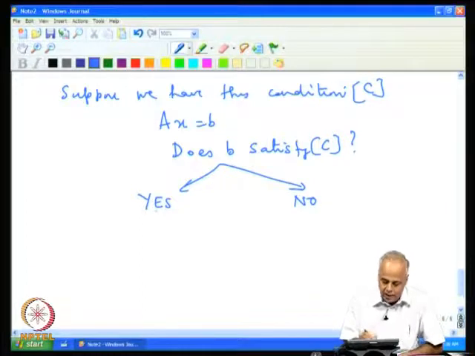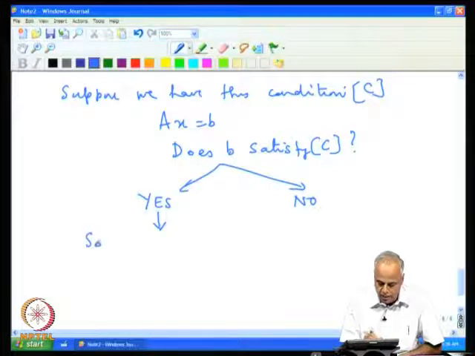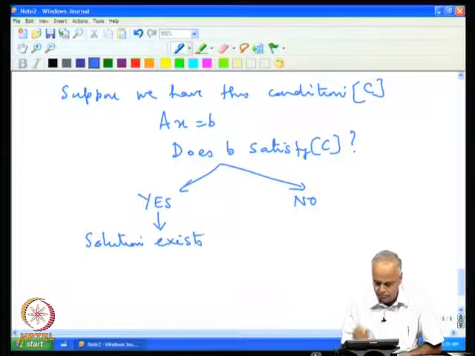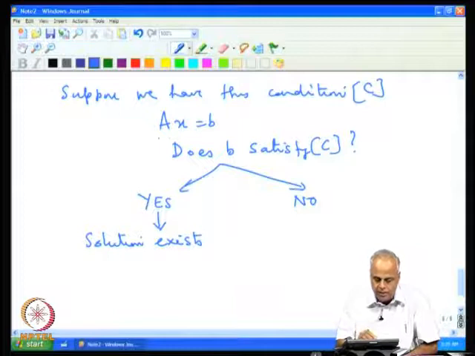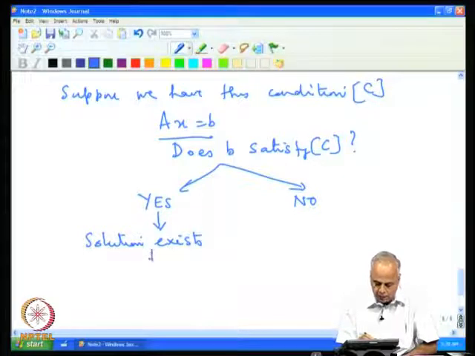When the answer is yes, what is the conclusion that we can make? We can say solution exists. When we say solution, we refer to the system Ax equal to B. So we know that the solution exists. Then the fundamental question is how many solutions exist?